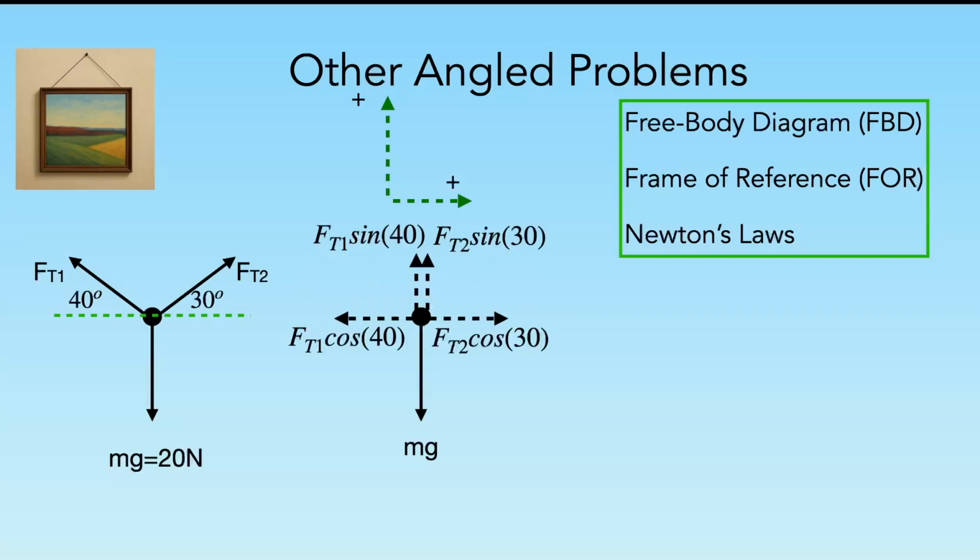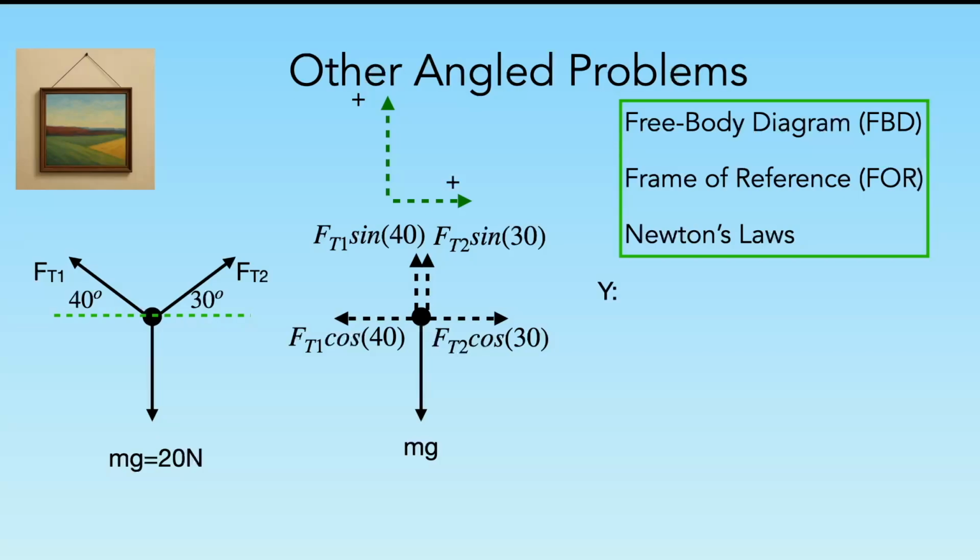And then the other one I replace with FT2 sine of 30 and cosine of 30. So you see we have two forces going up. Okay, we need to solve. There's no normal force, there's no surface. Really, it's just gravity, the field force, and those two wires are the only contact forces. So that's my full frame of reference there that allows me to start writing Newton's laws.